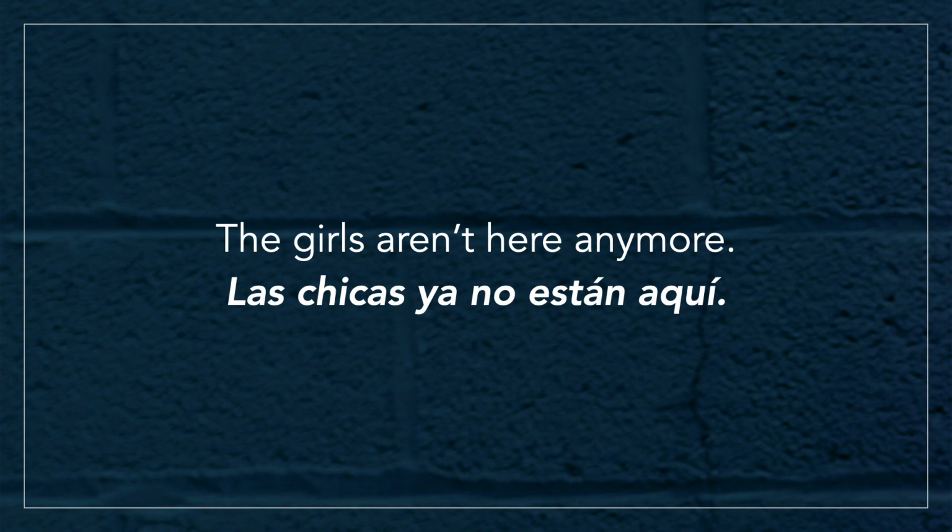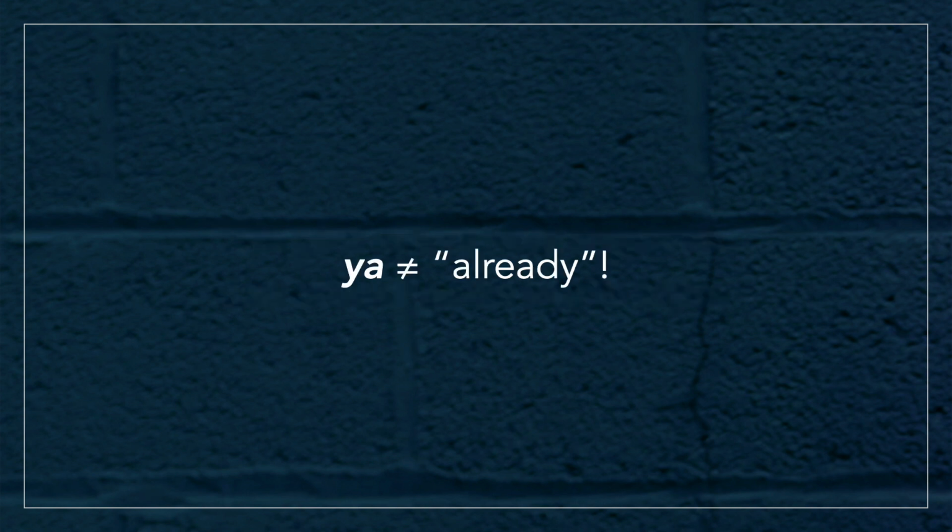Now, as a side note, sometimes Spanish resources teach that ya means already. And yes, most of the time that already is used in English, you'll translate it as the word ya in Spanish. But the fact is that ya is used in many, many other ways, and already accounts for a very small fraction of the uses of this word.